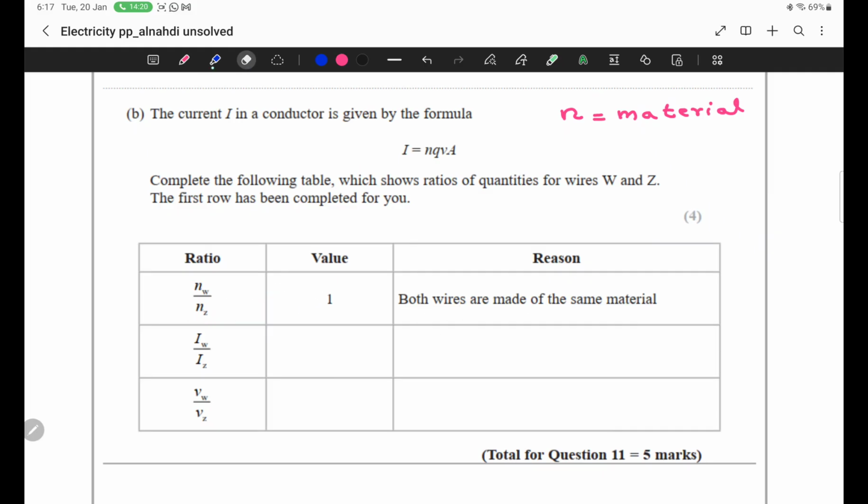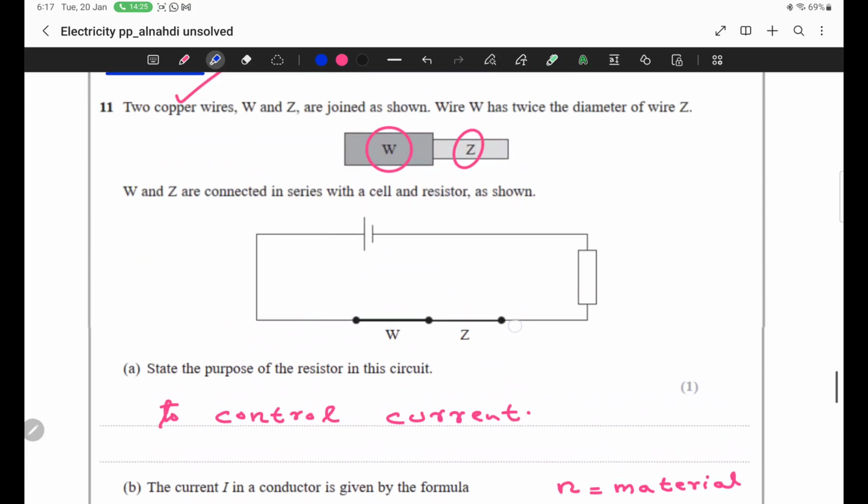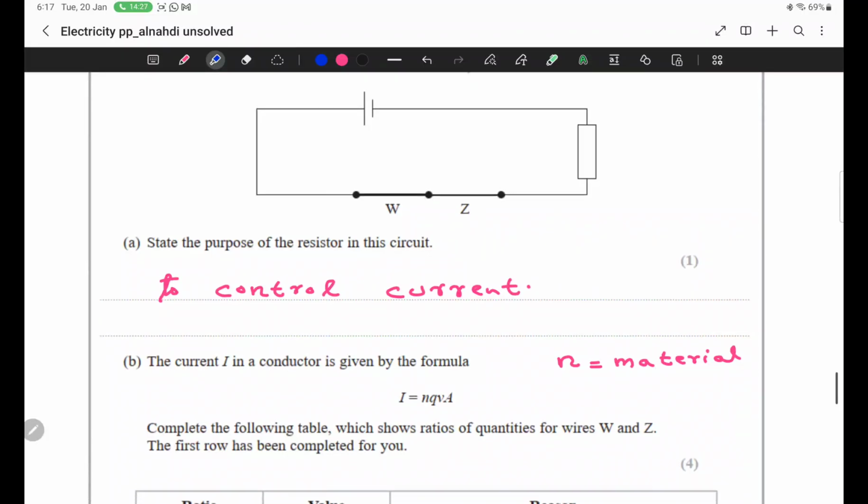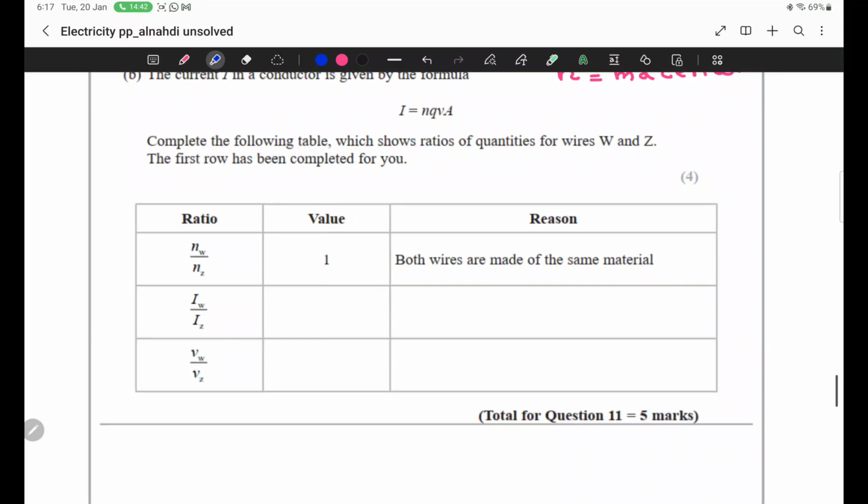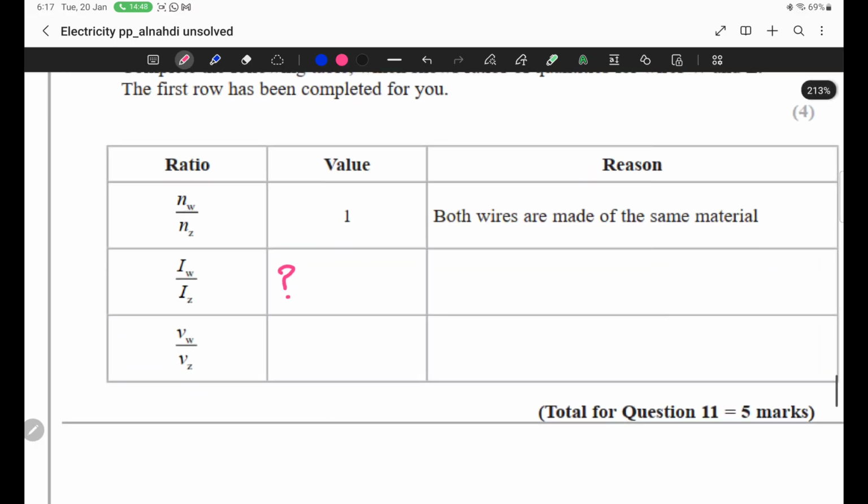And now I am asking a question with Simra. Simra beta, the two resistors are connected in series. In series, there is one path to the flow of current. And if there is only one path to the flow of current, then what will be value of ratio of their current, and what is the reason?